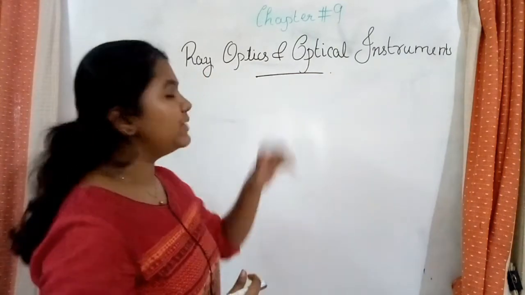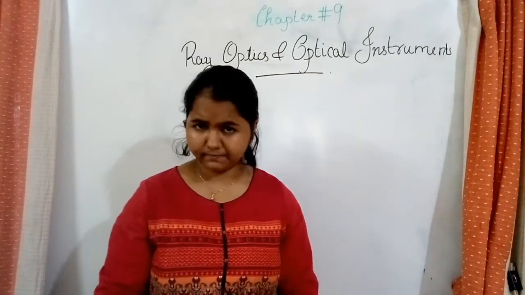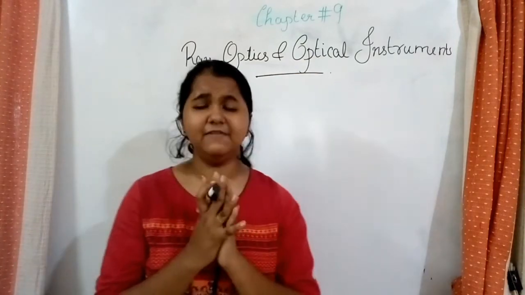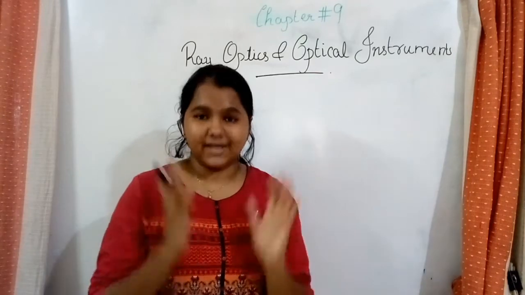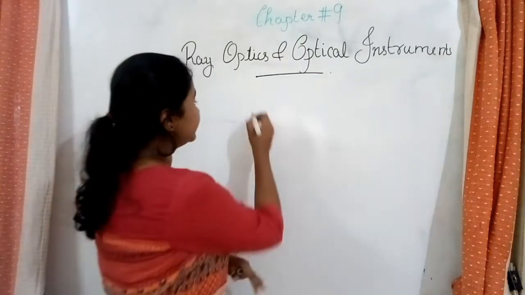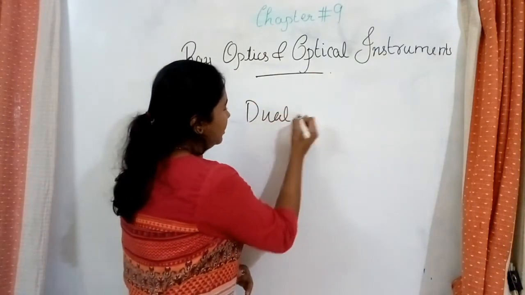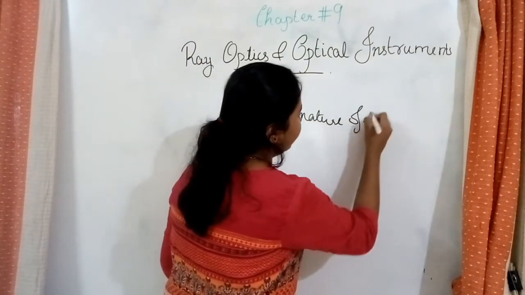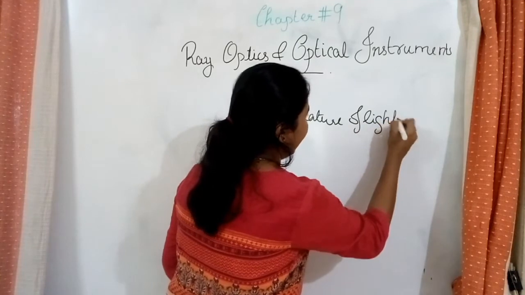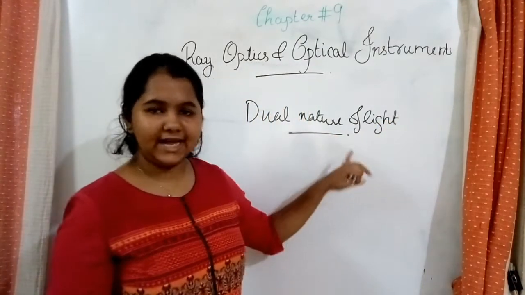So in this chapter we'll be dealing with light. We have learned in our lower classes what light is: a particle as well as a wave, that is called the dual nature of light. Am I right? What all does light act as?